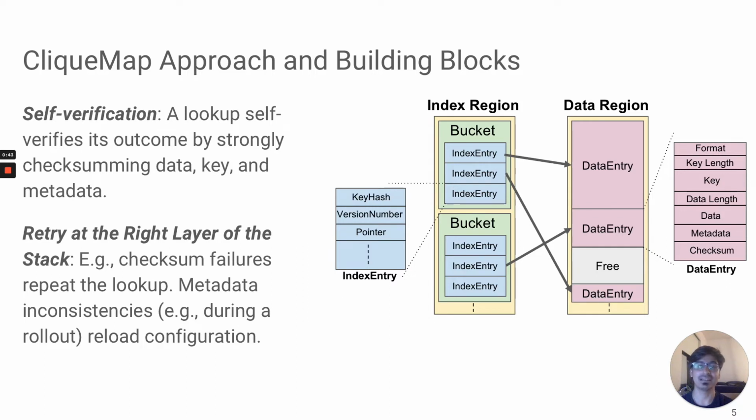For example, simple checksum failures are attributed to races against RPCs and are retried simply by issuing fresh RMA reads, assuming such a race will not recur. In contrast, inconsistencies in metadata are retried at a higher level, for instance after refreshing configuration state from external storage.